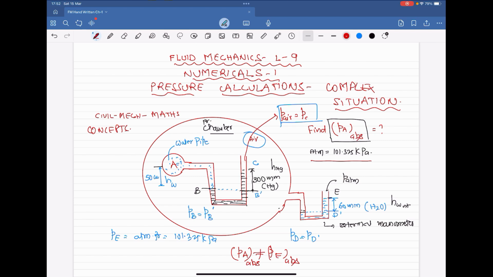Did you understand the problem? Let me explain again. A water pipeline is there in which water is flowing at a particular pressure. That pressure we may call PA. That is gauge pressure.